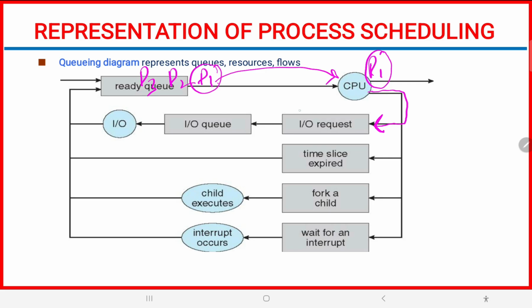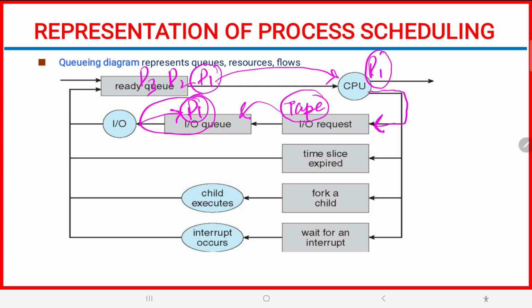Because suppose that it is demanding, let's suppose, a device named tape, to complete its IO activity, and that tape is not freely available as of now. So this process is waiting for the availability of the tape. The moment the tape is available, this process P1 is allowed to access the tape. So it is working with the tape to do its remaining activity.